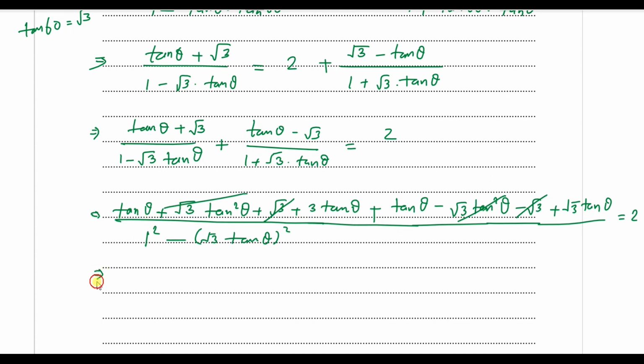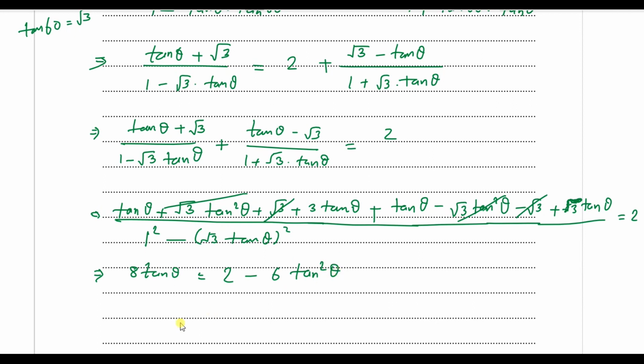I'll add up the like terms, and at the last I have written root 3, it is going to be 3 tan theta, sorry. So it is 3 plus 3 is 6, plus 2 is 8 tan theta is equal to, because other things are cancelled, 2 minus this 3 tan square theta into 2, it is 6 tan square theta.